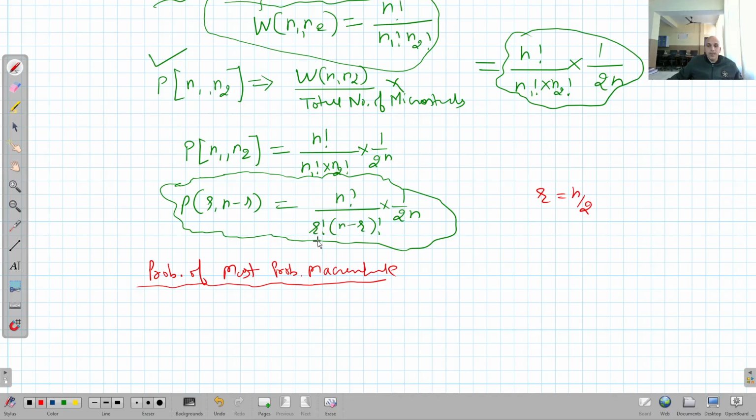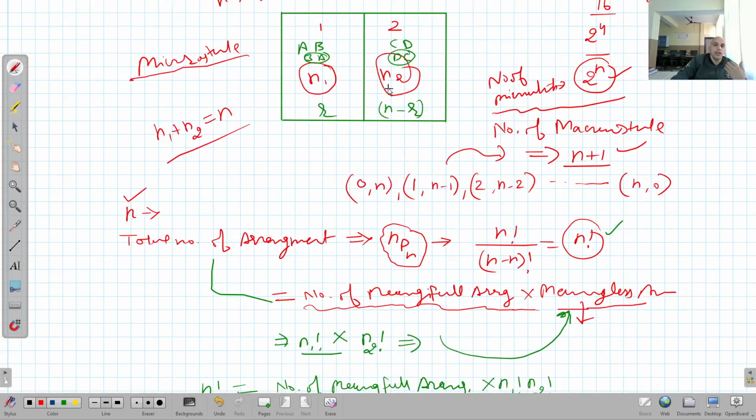So this denominator will become minimum when r is equal to n by 2. So if I put r equal to n by 2, then it will become n factorial divided by n by 2 factorial into n minus n by 2, means n by 2 factorial, into 1 upon 2 raised to power n, means when there are 50-50% of particles in both the compartments.